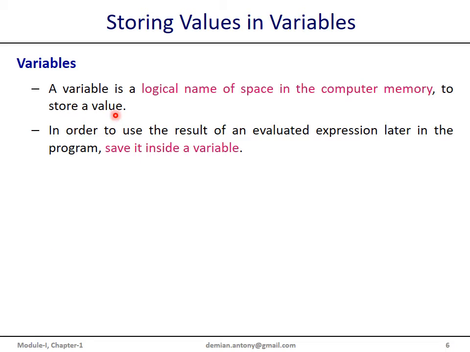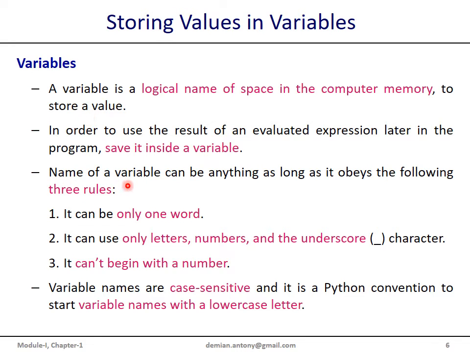Variables. A variable is a logical name of memory space in the computer to store a value. In order to use the result of an evaluated expression later in the program, we need to save the evaluated value inside a variable. The name of a variable can be anything as long as it obeys the following 3 rules.